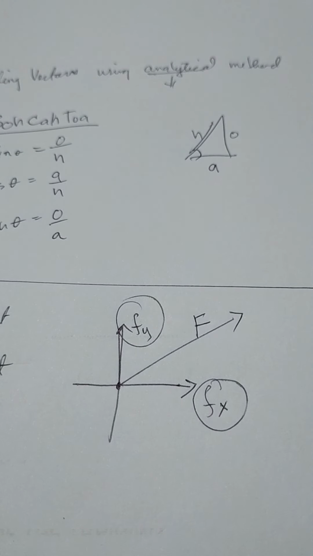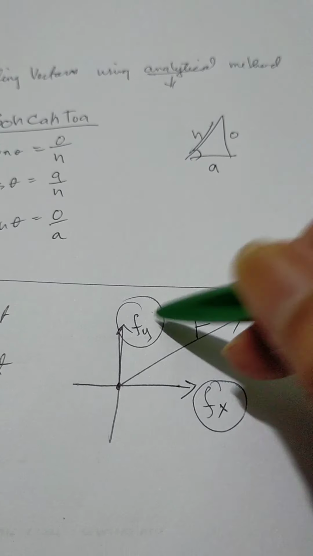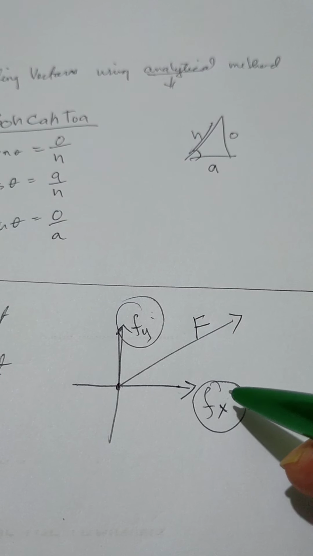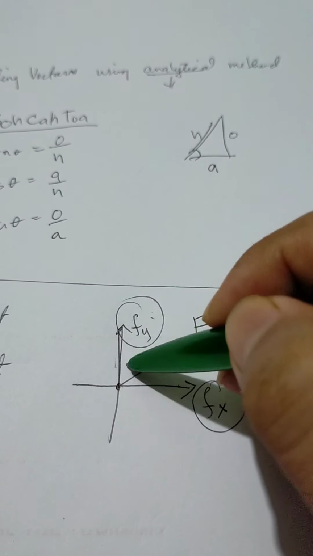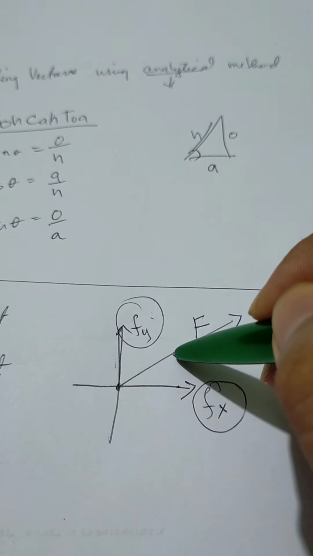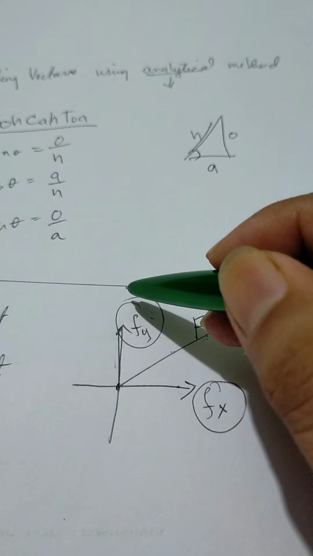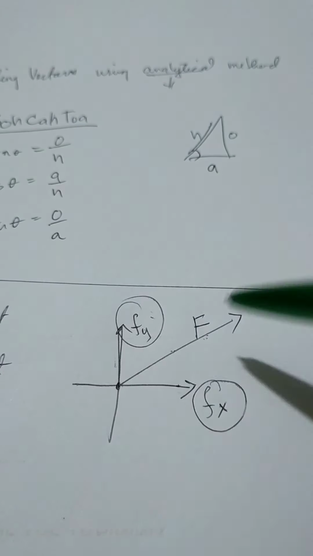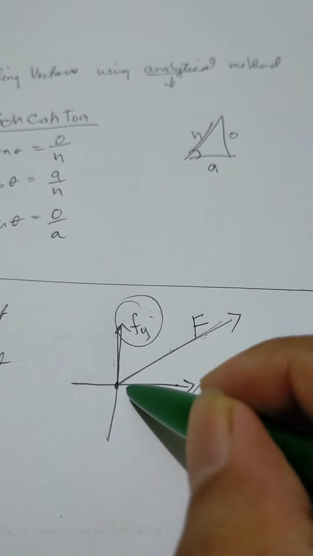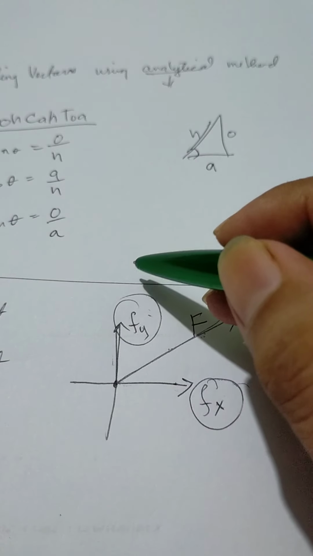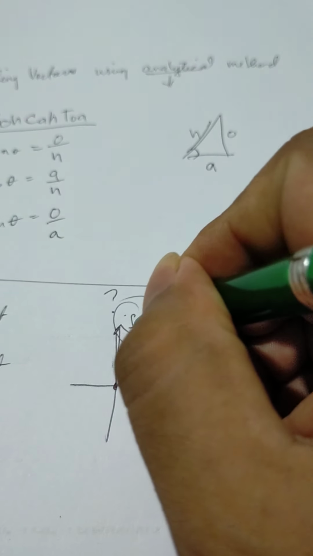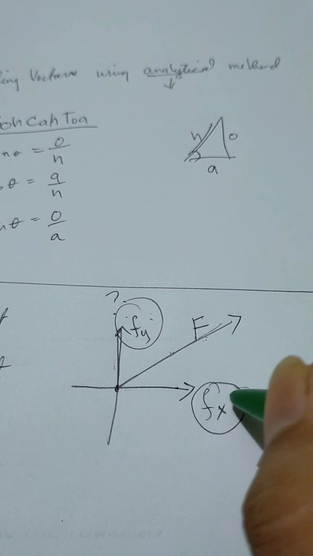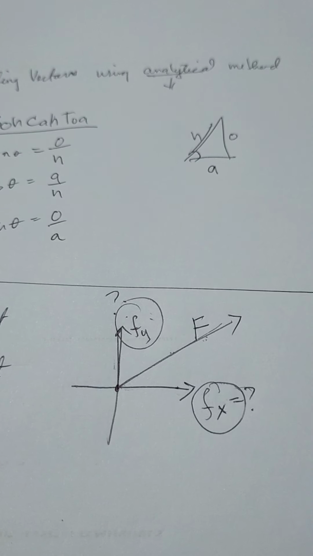Fx is the component of this force along the x-axis, and Fy is the component of this force along the y-axis. So this force is reduced, because something is pulling here and something is pulling there. Now, how do we find the components, and how do we find their values?